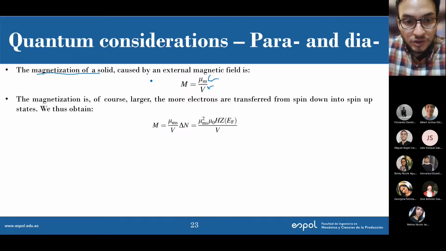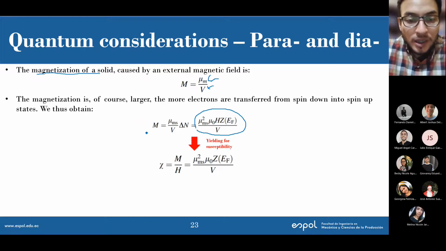So we can just adjust this equation to end up with something like this. We already saw all those terms there, so nothing to explain. Now I want to get at the end, as I said, an expression for susceptibility, right? So remember that susceptibility is just the ratio between magnetization and magnetic field strength, and you just replace for that, and you end up with this equation.